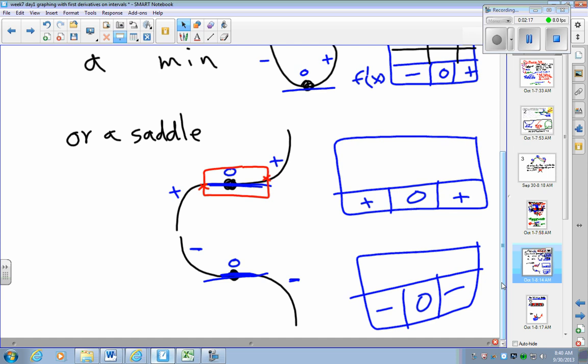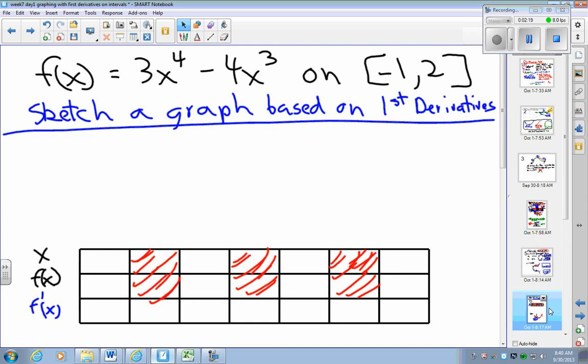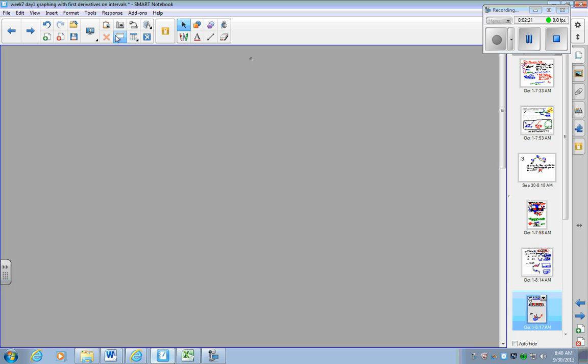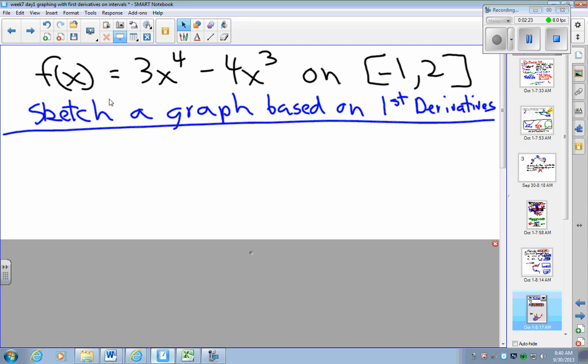Let's take a look at one of those in this problem here, okay? So here's my guy, and again, it's on an interval, and I want to sketch a graph based off the first derivative. Now, I've told you before with x to the fourth, those guys normally look like W's. It could be a W, but if it's a really basic one, it is a really boring W with a really flat bottom.